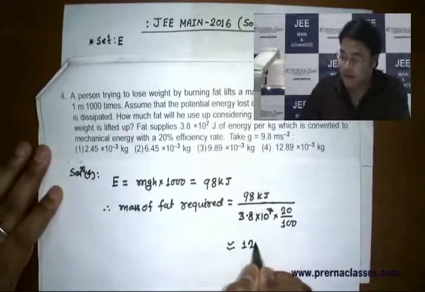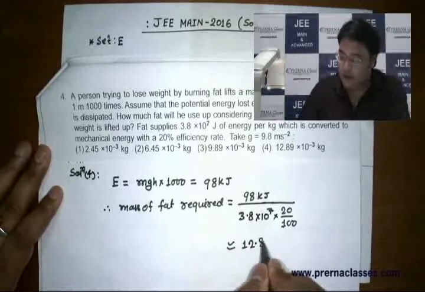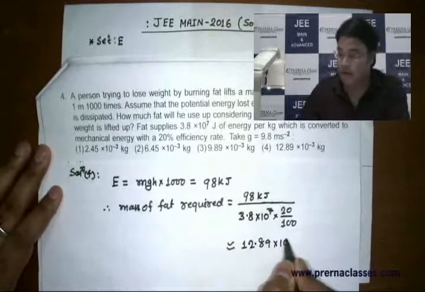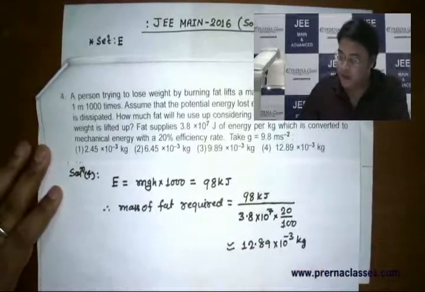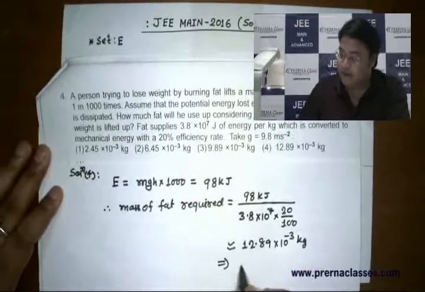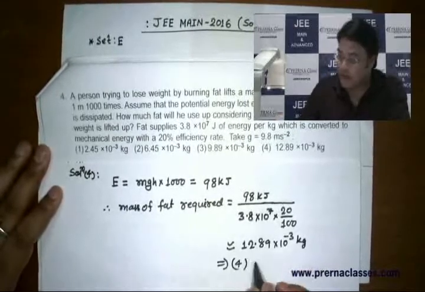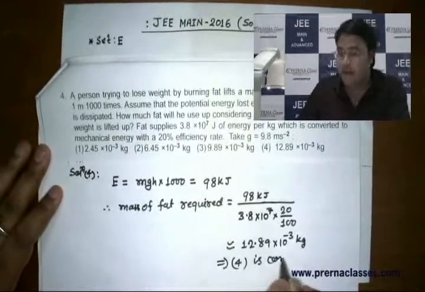That value is nearly 12.89 into 10 to the power minus 3 kg. So that implies option 4 is correct.